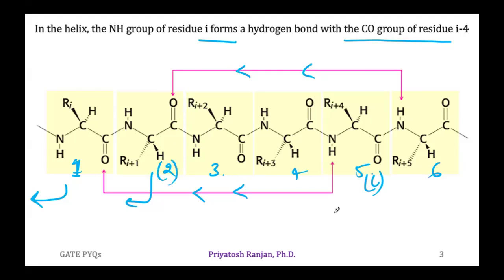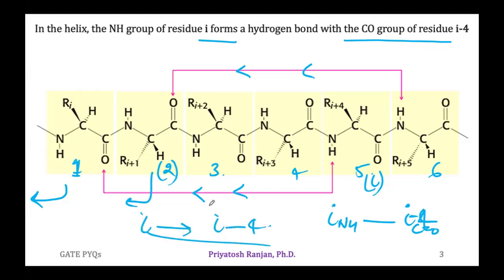And that's the reason I'm calling it I NH forming a hydrogen bond with the I CO located 4 residues earlier, which I'm calling I minus 4. So I to I minus 4.